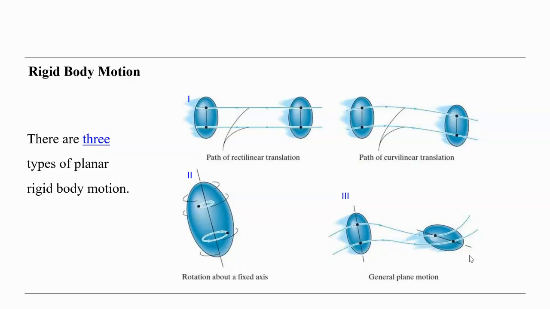Why? Because the mechanisms we are discussing in this lecture, the slider crank mechanism or the crank rocker mechanism, are planar mechanisms. So the 3 types of planar rigid body motion are indicated here.